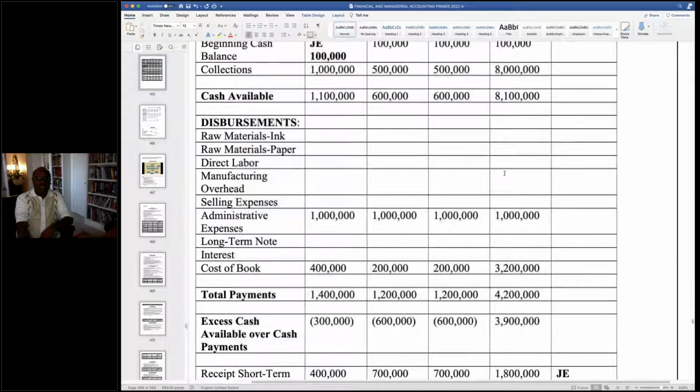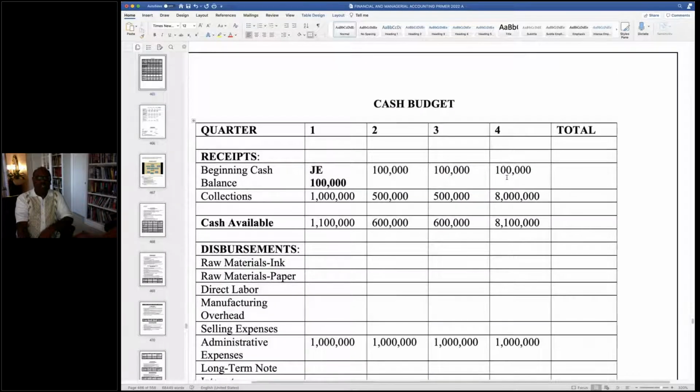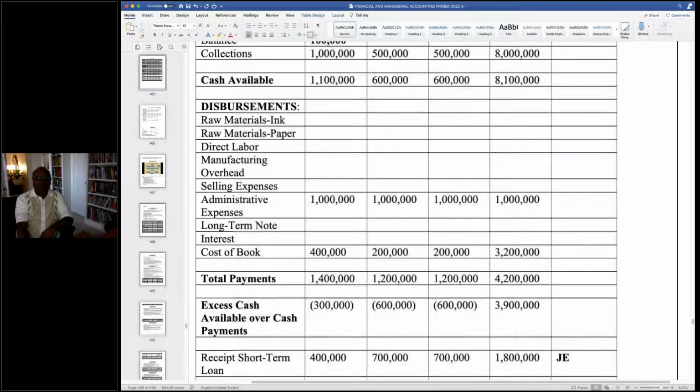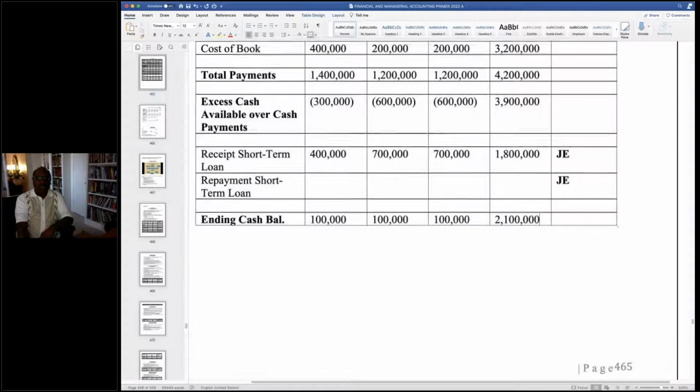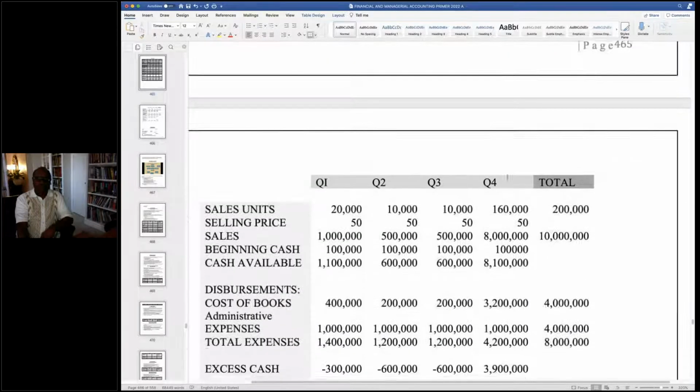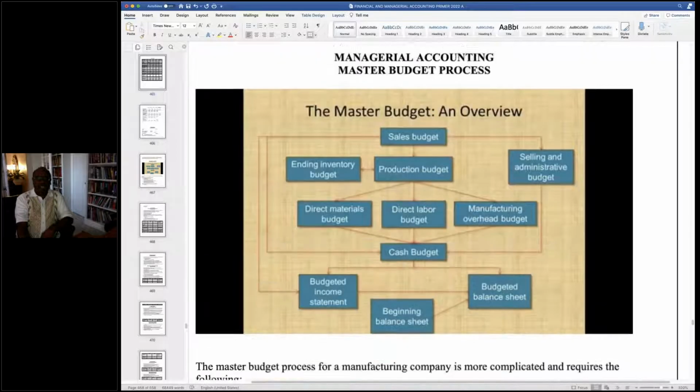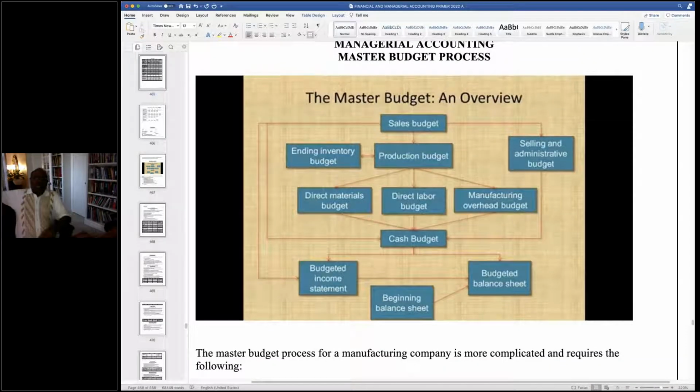So that's just a little exercise to show you the cash budget that you have to prepare for your product on a quarterly basis. Now, since you are manufacturing something, it's a little different.